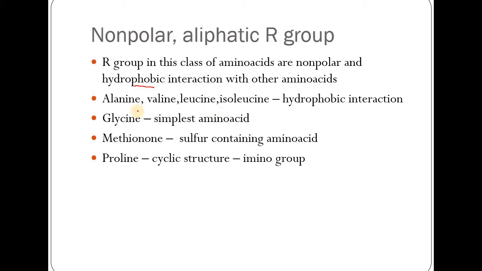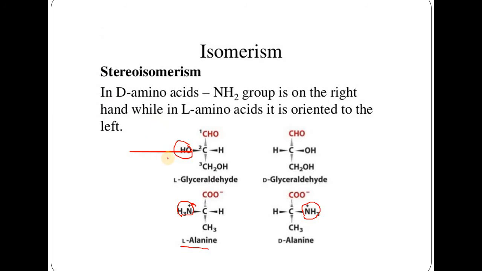These four amino acids exhibit very high hydrophobic interaction, and glycine is one of the simplest amino acids, because its R group is also a hydrogen. Here in place of the alkyl group, we have a hydrogen. And there is one more thing.